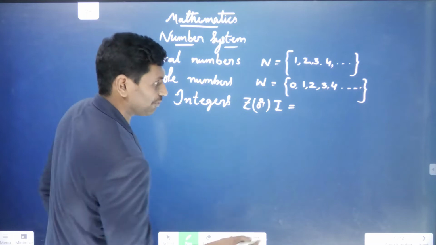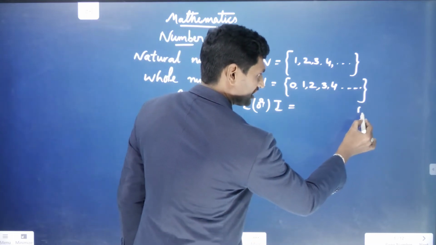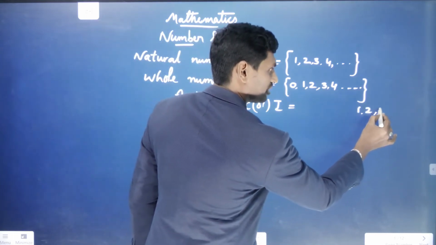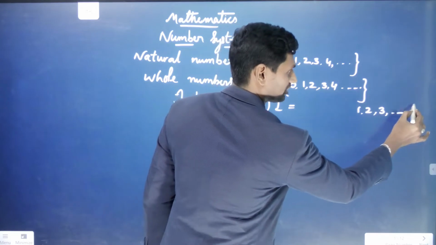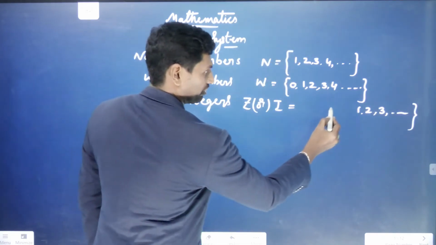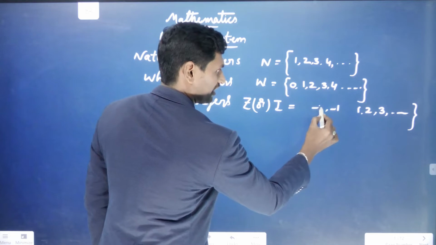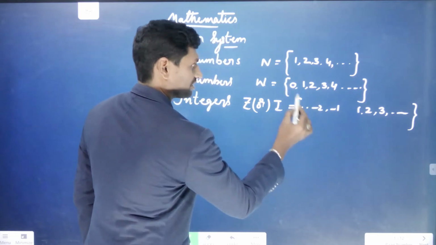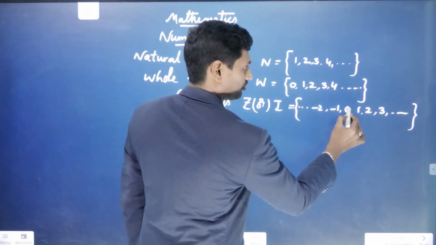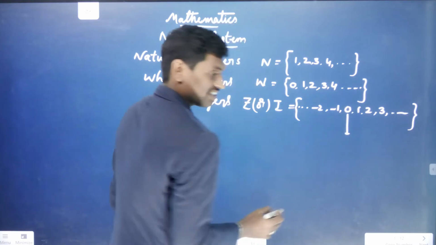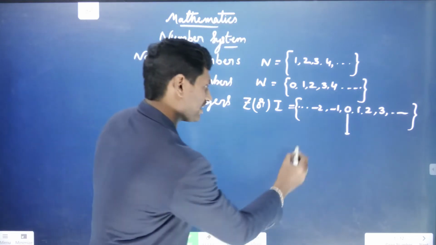All positive numbers are nothing but natural numbers only: 1, 2, 3 and so on. All negative numbers are -1, -2, -3 and so on, including 0, because 0 is neither positive nor negative.